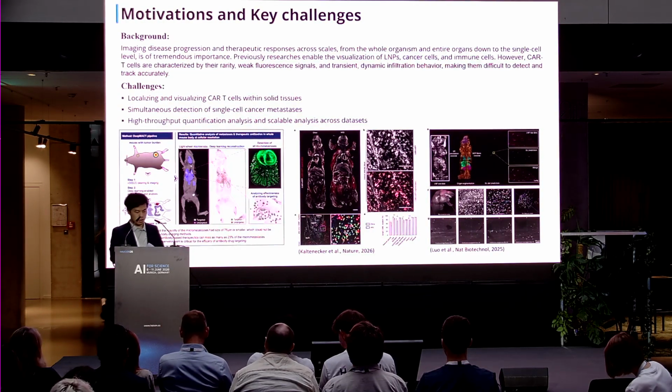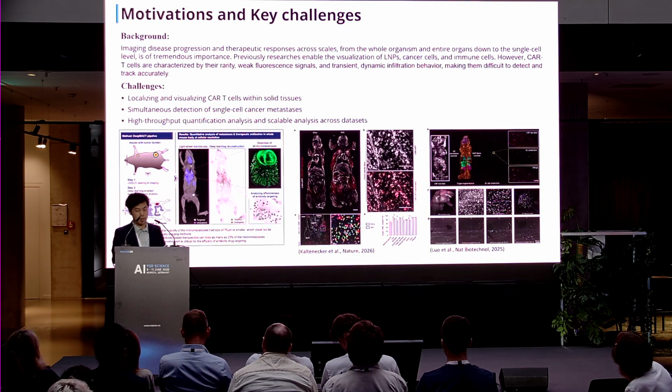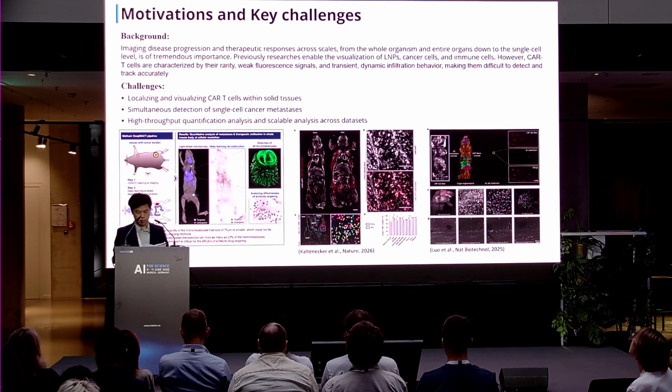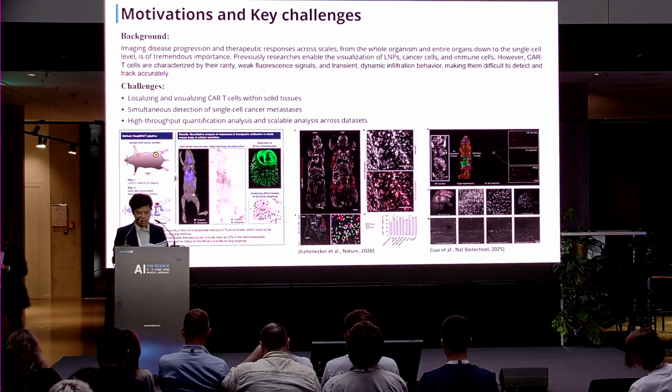As we know, CAR-T therapy is a major breakthrough in immune therapy, but these cells are still extremely rare, carrying weak fluorescent signal and showing dynamic infiltration behavior, which makes detection highly challenging.